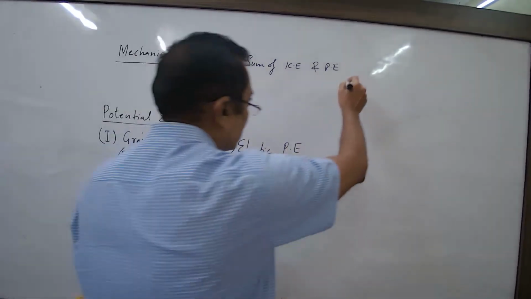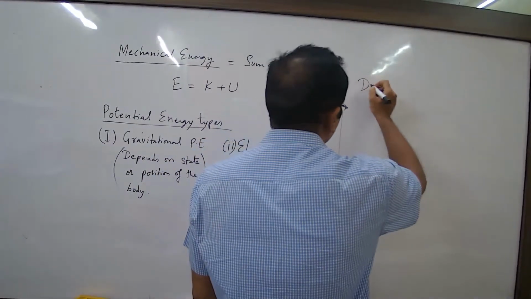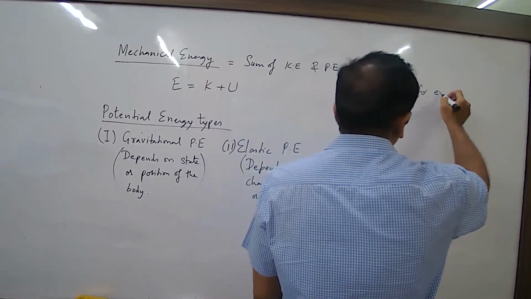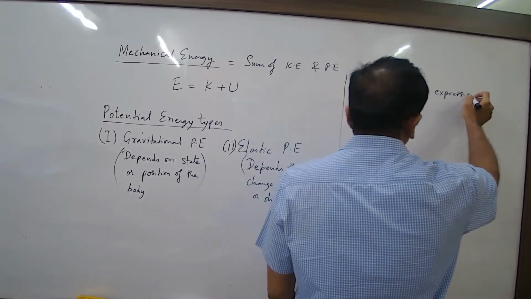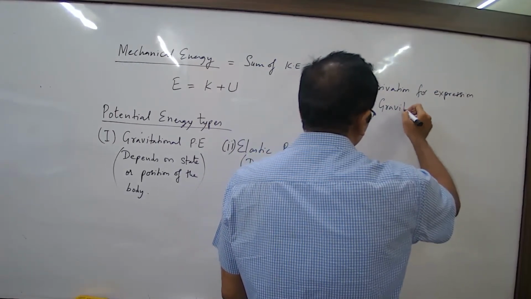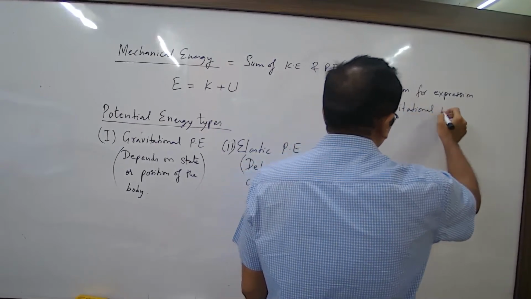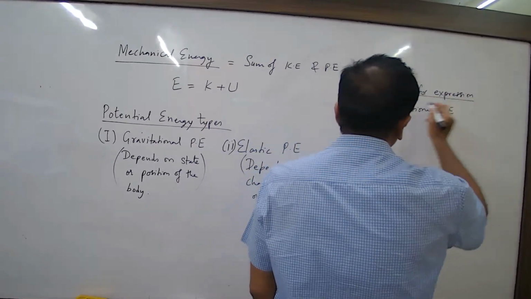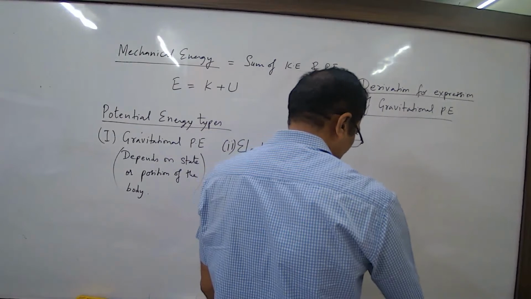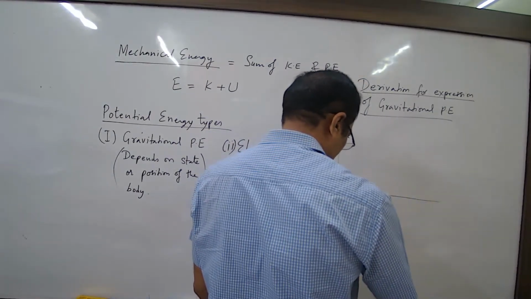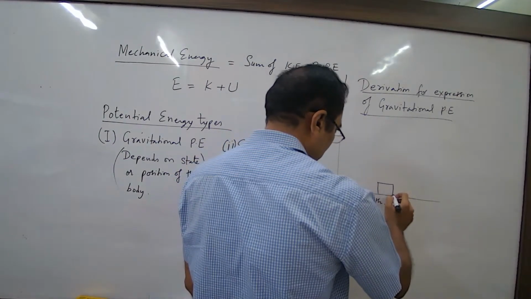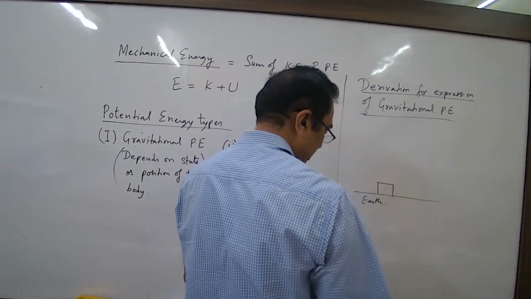First, we are going to derive the expression for gravitational potential energy. This is the Earth's surface. We consider a body of mass m kept here.